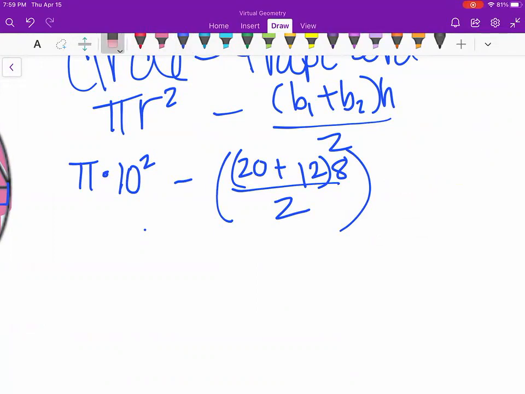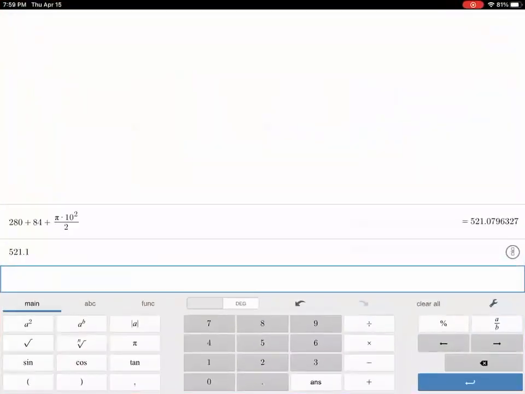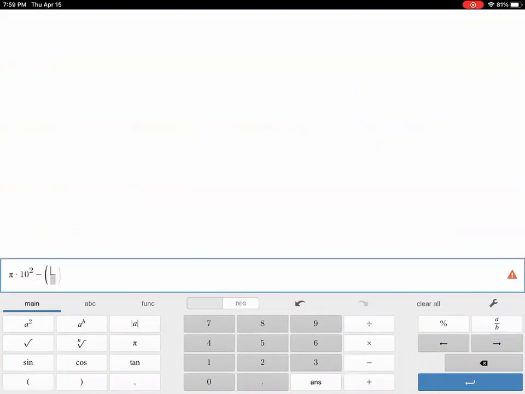So when we put all of this inside our Desmos, this one I will go ahead and put in just because of all the parentheses. So we had pi times 10 squared minus, all right, now we have our divide here for the trapezoid.